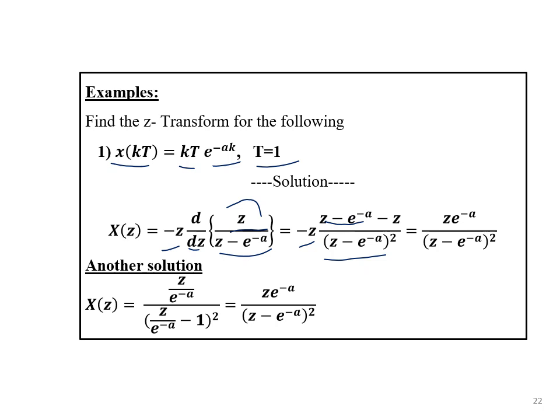We get the last part, z e to the power negative a divided by z minus e to the power negative a squared.